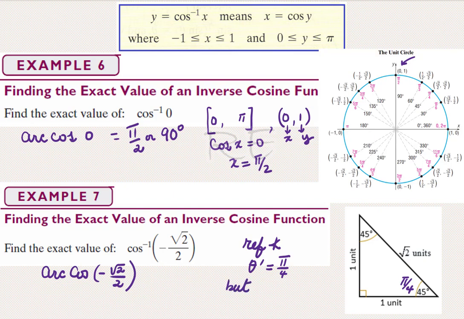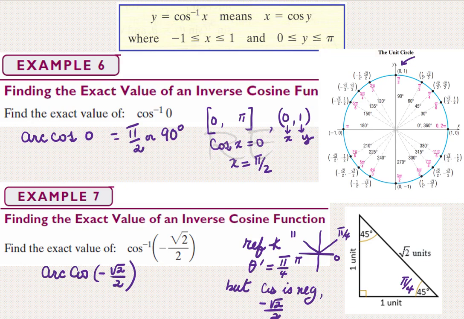But we're looking for a negative cosine, and that negative cosine in the interval 0 to pi will be located in the second quadrant.